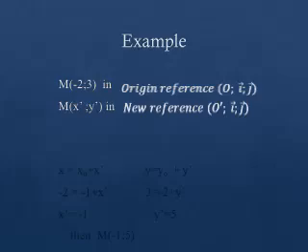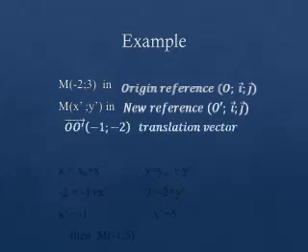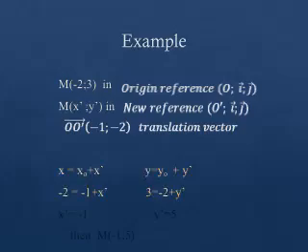How do I calculate the new coordinates? Well, the new origin is (minus 1, minus 2). So we can say that minus 2, which is the old coordinate of M, is equal to our new origin plus the new coordinate for M. And the same thing for the y, and that's how we calculate the new coordinates of M in the new system.